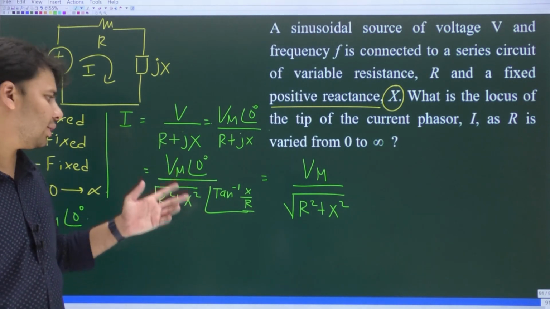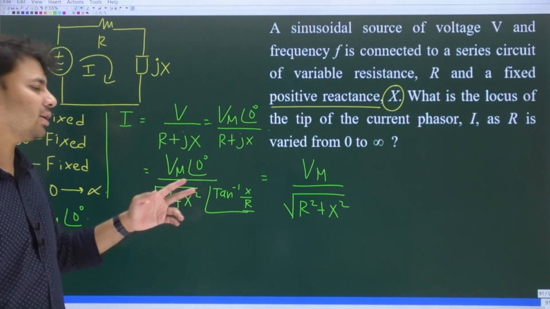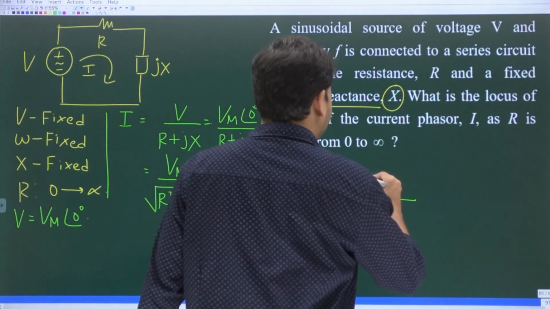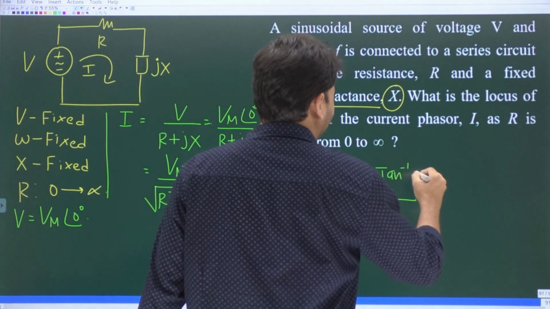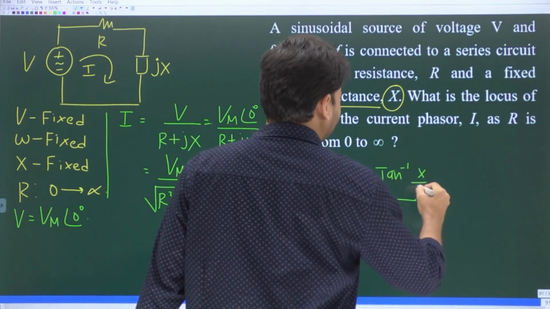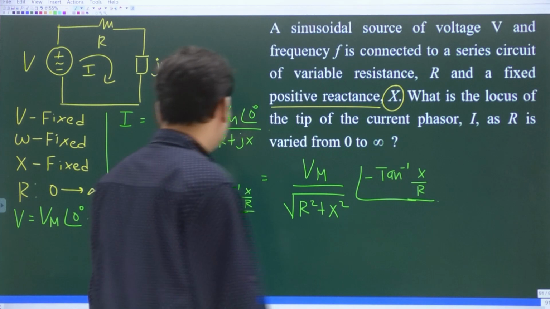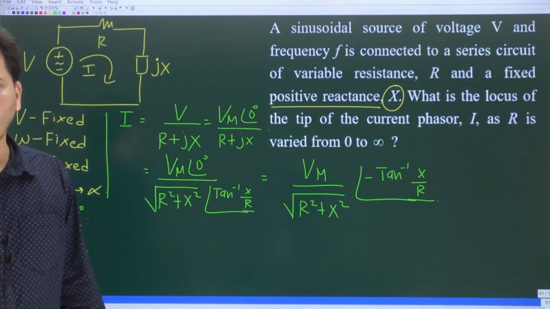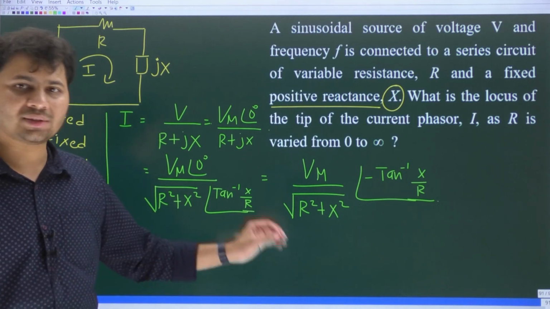Numerator angle is what? 0 degrees. So what is the overall angle? 0 degrees minus tan inverse X by R. So the overall angle is what? Minus tan inverse X by R.